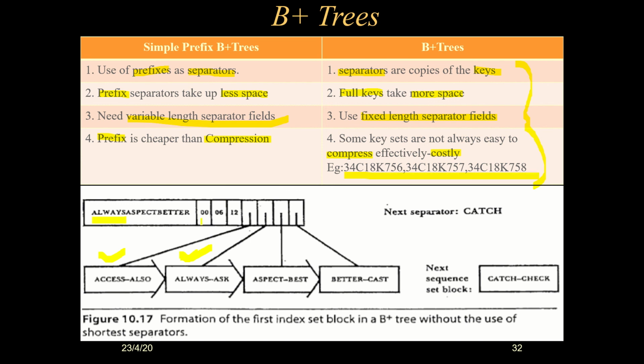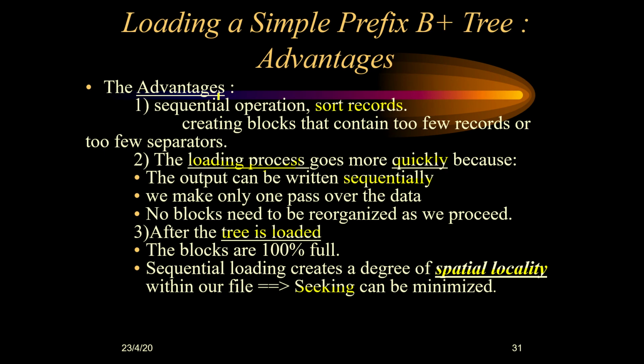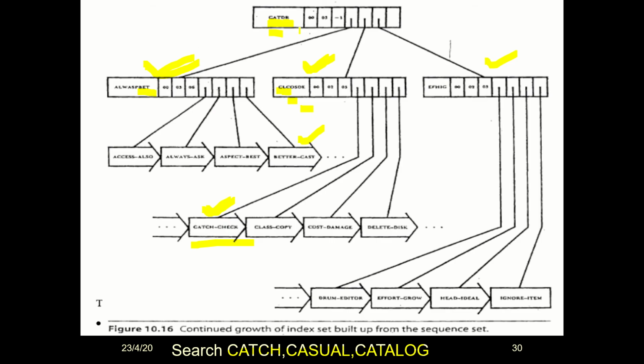So here you can see the difference of every index is 6, in the sense every key has a fixed size, that is 6. That is why we see 0 0, 0 6 and 0 12. In the case of my simple prefix, you can see that it is 0 0, 0 3 minus 1, similarly 0 3, 0 6. So it is variable.